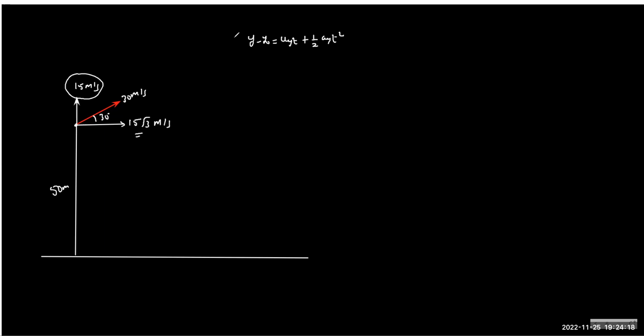And you can always do the common sense method. Like in time t, if there is no gravity, you will travel 15t, right? But in the same time, gravity will bring it to the bottom. This is common sense.